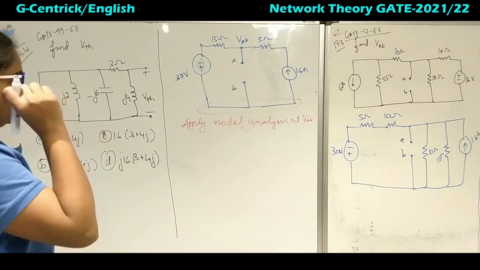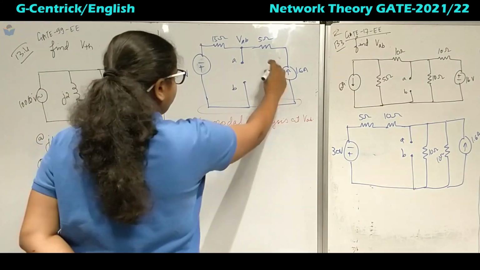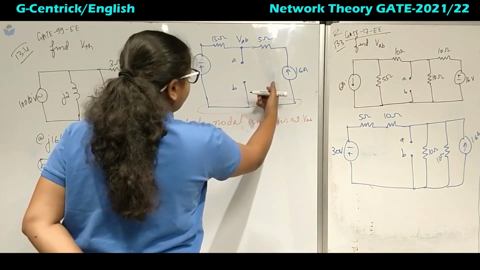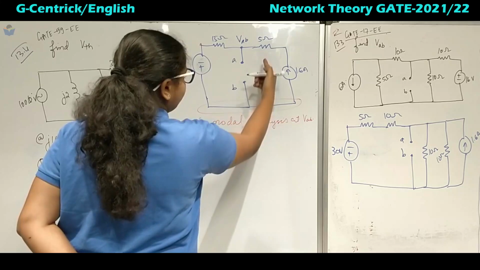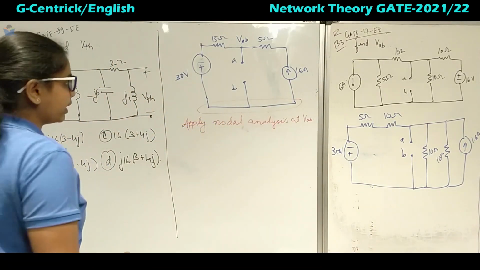So now before that, instead of applying directly to the current source, I will again get back into the voltage source, so that it will be much easier for me to solve with the help of nodal analysis.